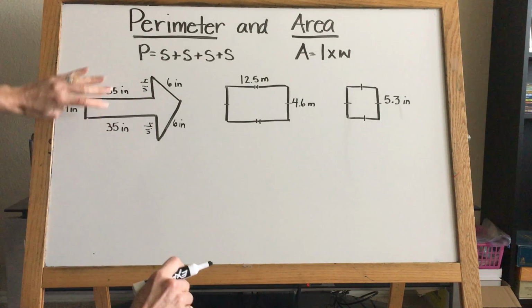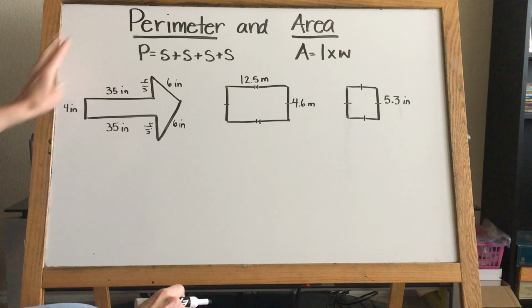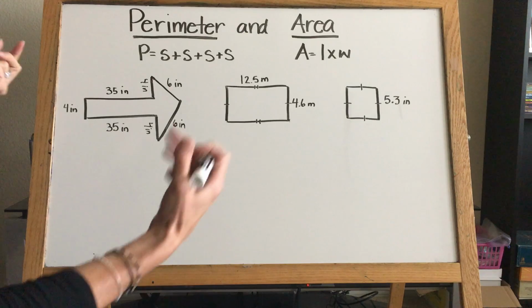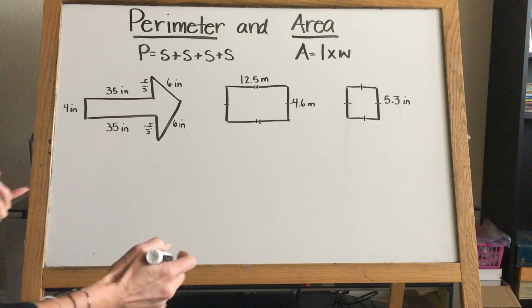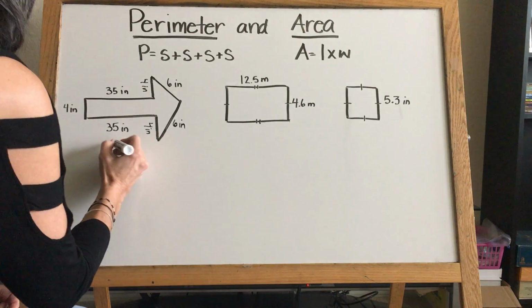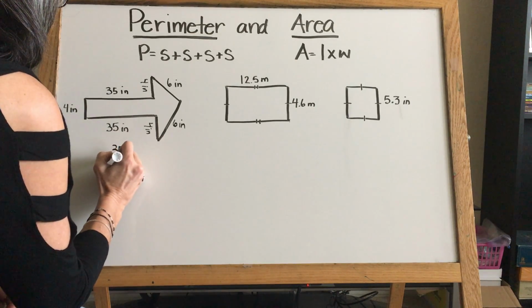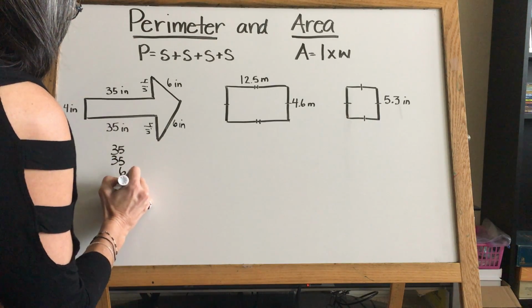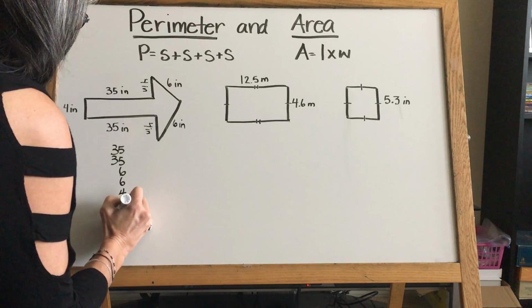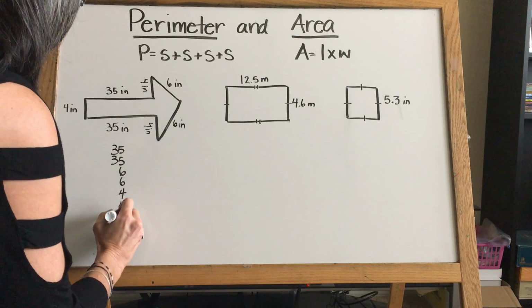So if we're finding the perimeter of this, we're going to need to write down all of these numbers. We can do this in our head a little bit, or you can write down all the numbers. For the sake of that we taught you guys how to look for tens when we're adding, I'm going to go ahead and write everything down just to show you that if you did it that way, it wouldn't be hard.